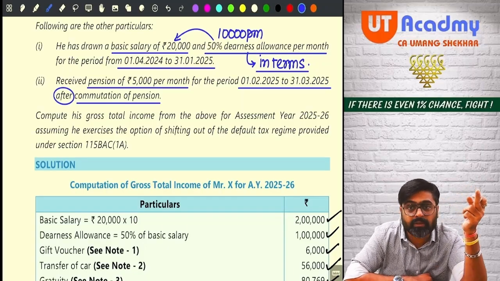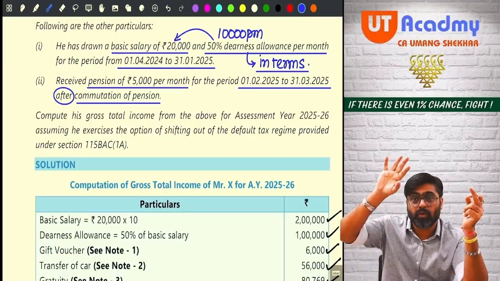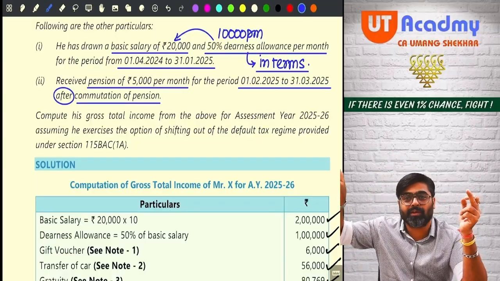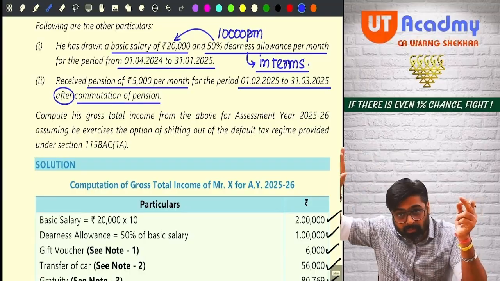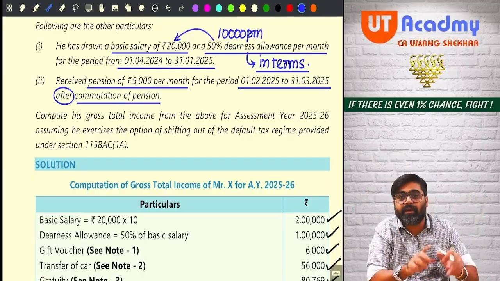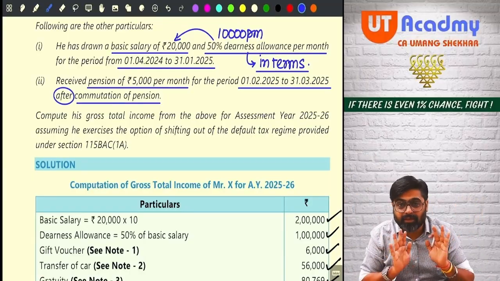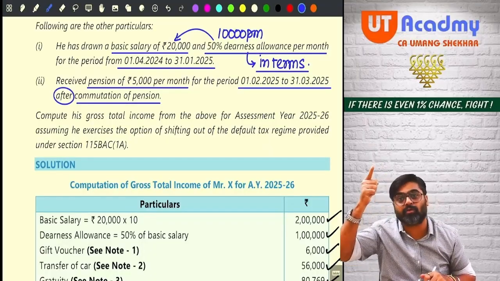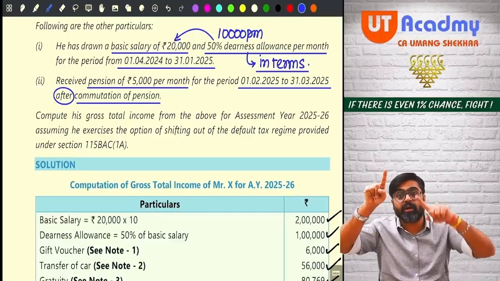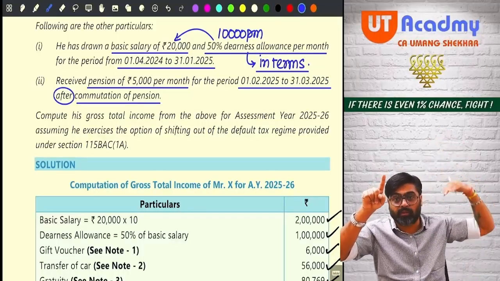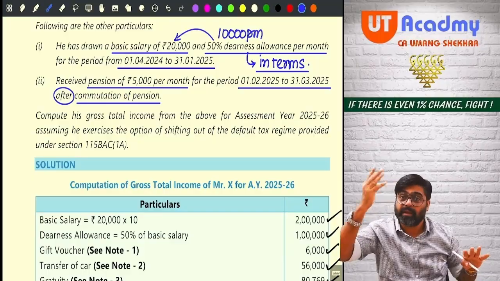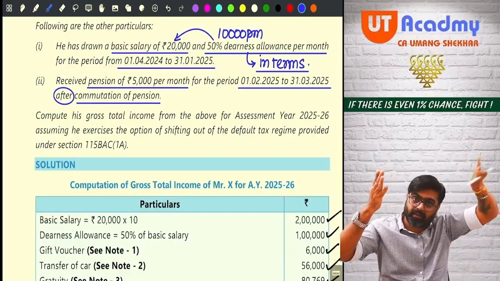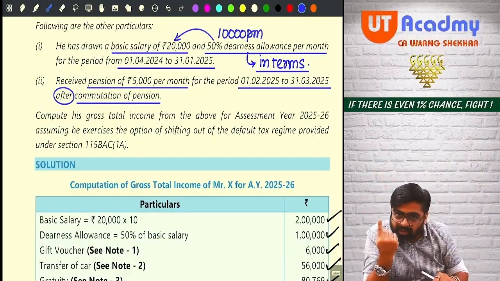Out of that monthly pension, see above, you have commuted 2/3. After commuting 2/3, you are receiving 5,000. This means that your monthly pension was not fixed at 5,000, it was fixed at 15,000. Out of that 15,000, you commuted 2/3 and received a lump sum. Now after commuting 2/3, how much remains? 1/3, no?